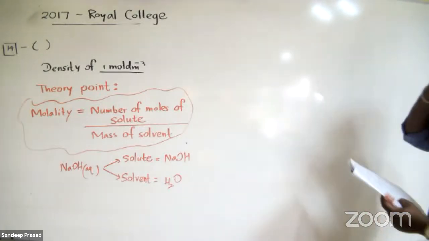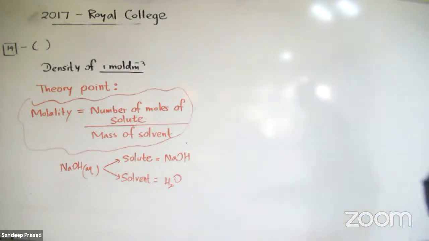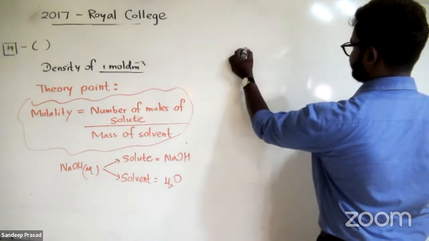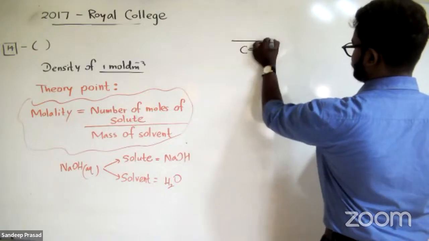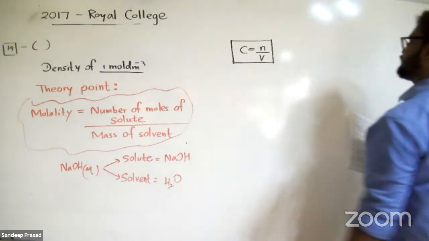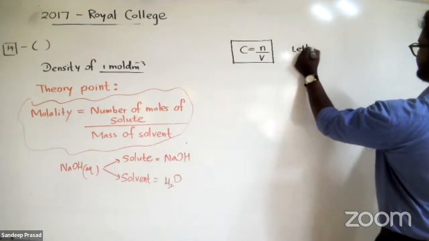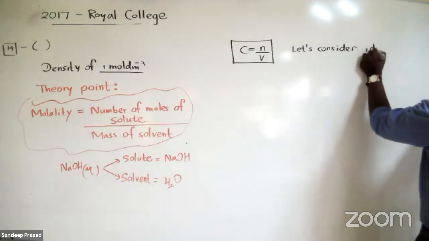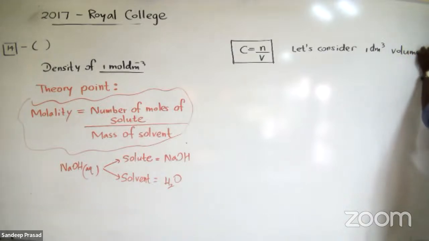How can we find it? First of all, they have given that concentration is 1 mole per cubic decimeter. Can you remember I told you that concentration is equal to number of moles divided by the volume. Okay. So let's consider 1 cubic decimeter volume of solution.